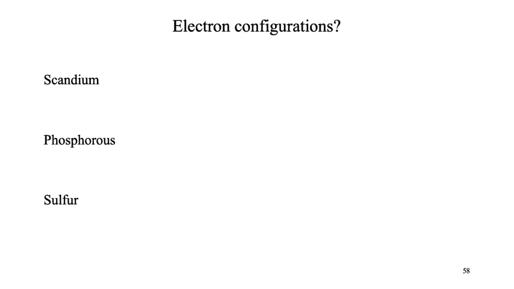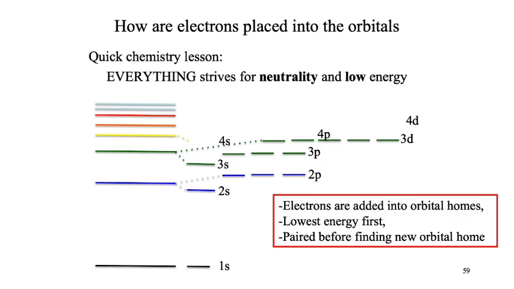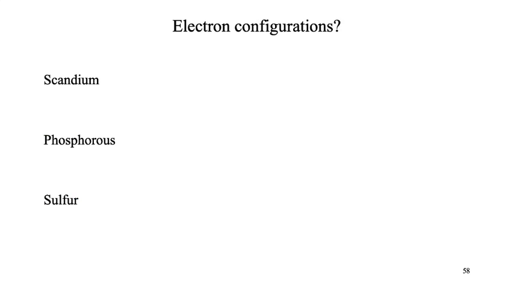So we're going to ask this question. We want the electron configurations for scandium, phosphorus, and sulfur. If we were asked that as a question, arguably, we would need to use the periodic table.